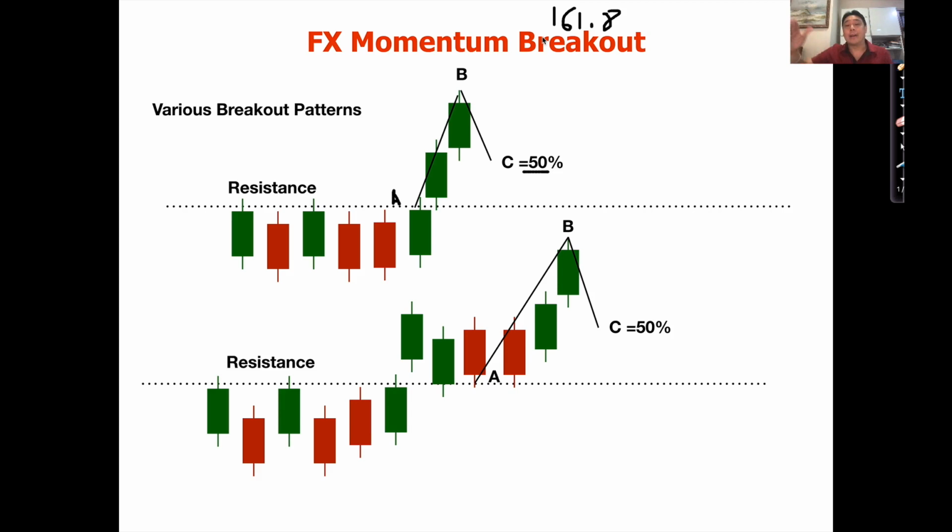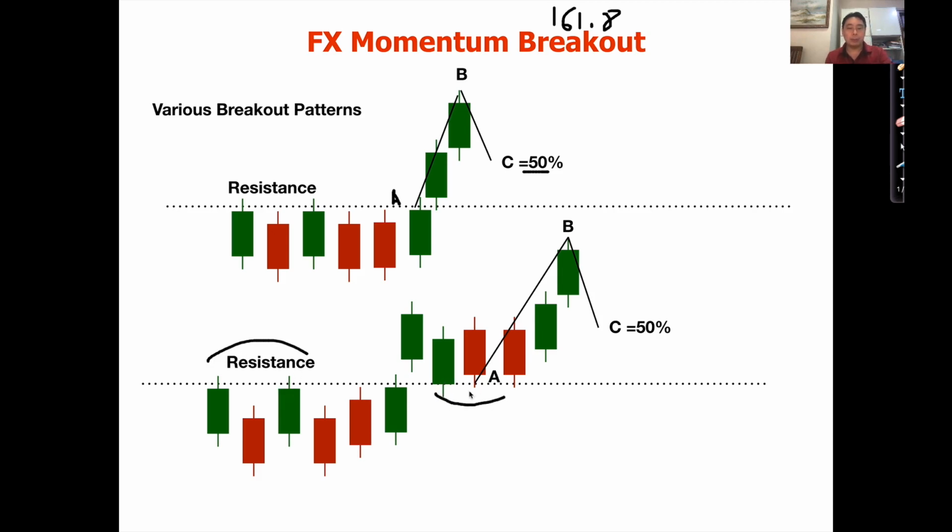The point is 1618. Now, here's another example which you may see where there was a resistance there and it kind of broke out, right? It broke out there and it kind of went sideways a bit and then it started moving up. So in cases like that, I would actually place my level of resistance at this dotted line, okay? Because in a way, this was the resistance, it broke out and it became the support, right?